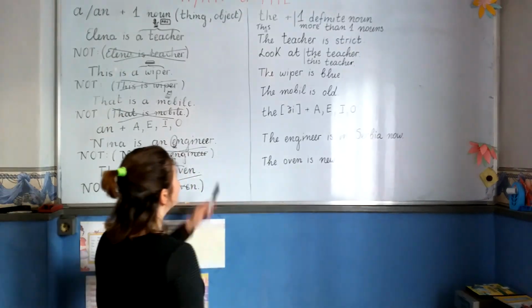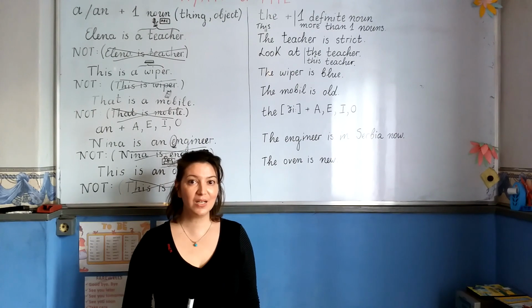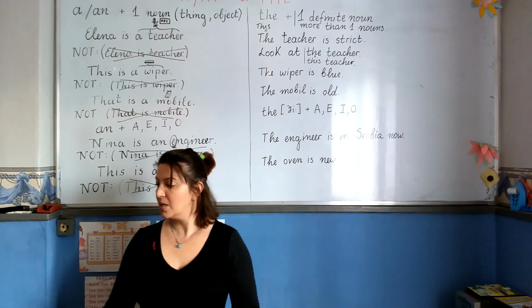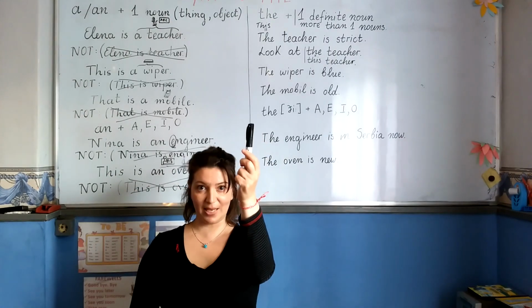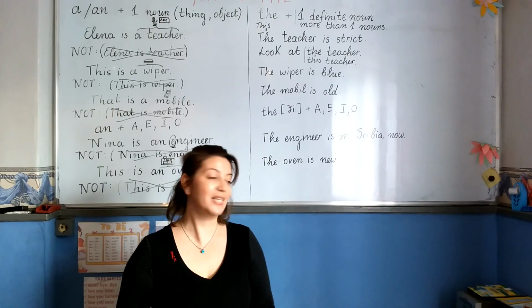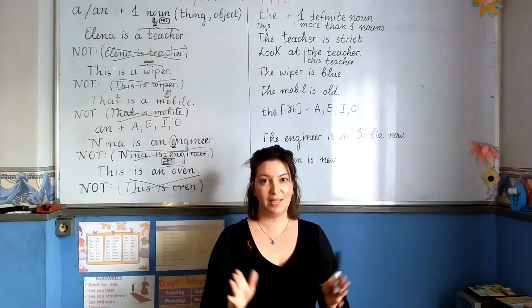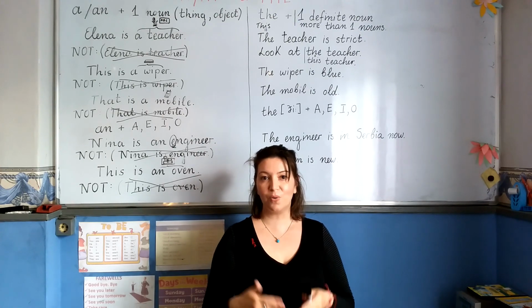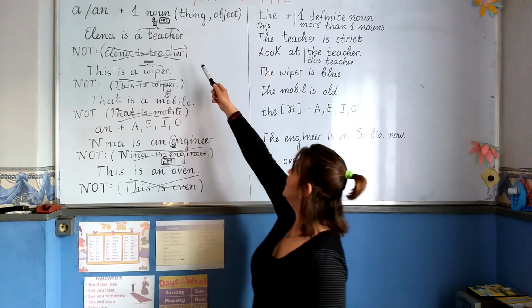Good. We use the with one thing or more than one thing when they are specific, okay? We know what or who we are talking about. Elena is a teacher.